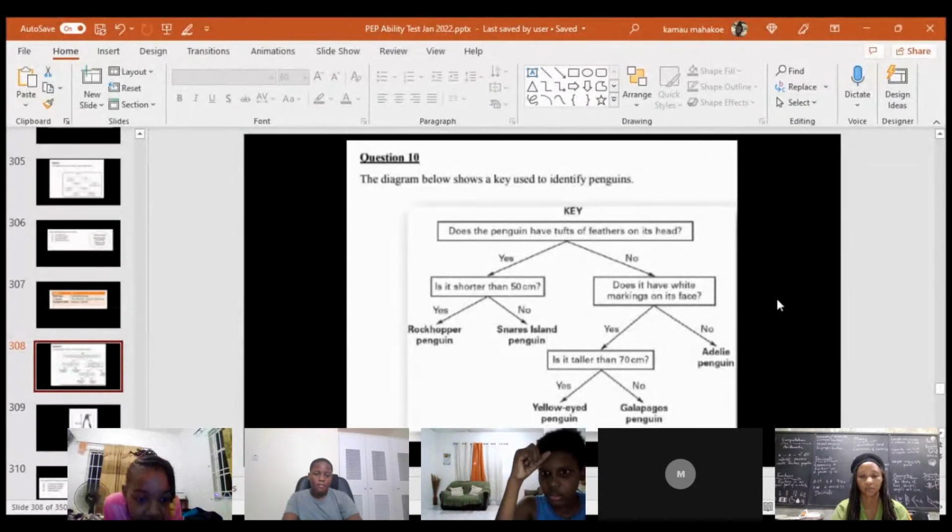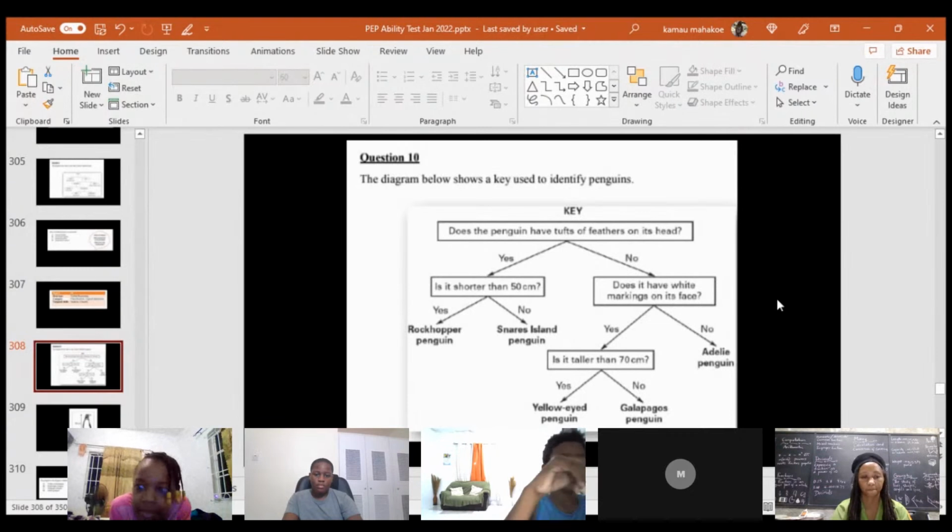No. Adelie penguin? Yes. Is it taller than 70 centimeters? Yes. Yellow-eyed penguin? No. Galapagos penguin. Stop. You don't have to leave me. Okay, question 10.